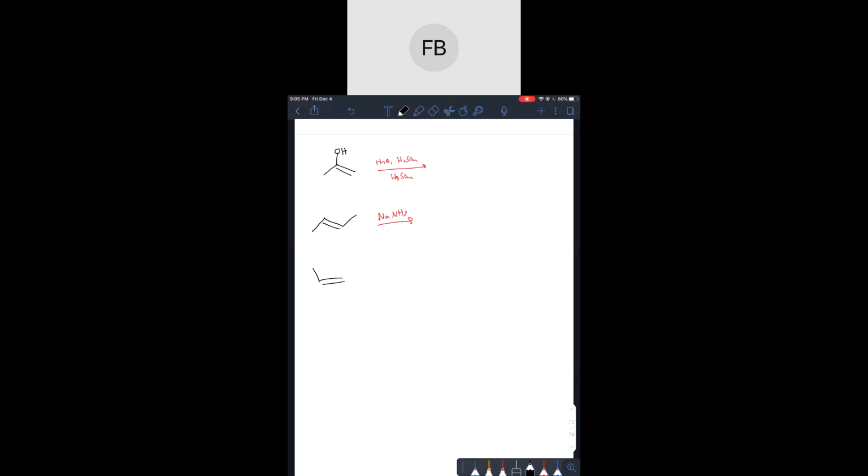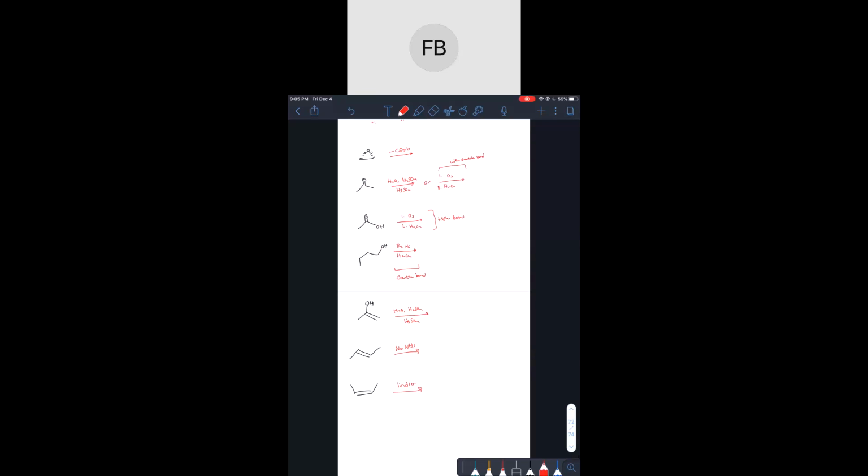If you see a cis double bond, it must have been Lindlar. So these are just some tips for your retrosynthesis. For the last step, if you get that, you can kind of start rolling from there.